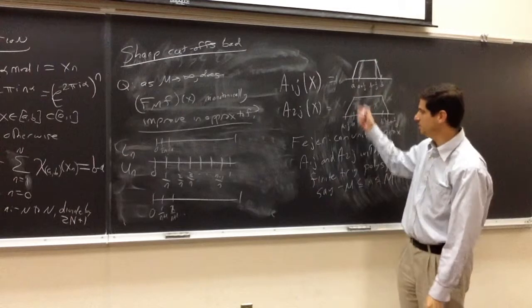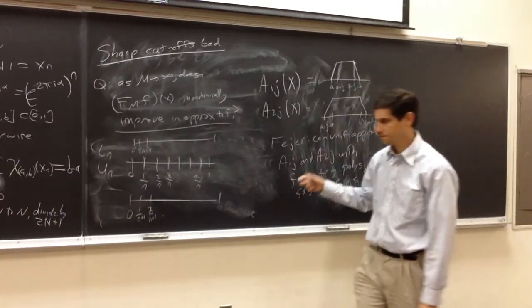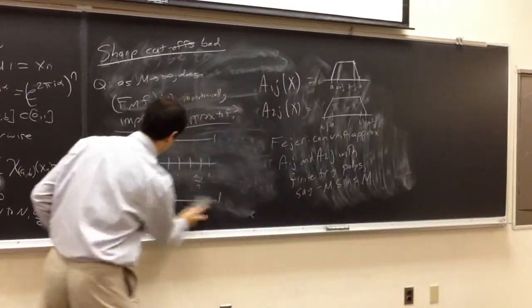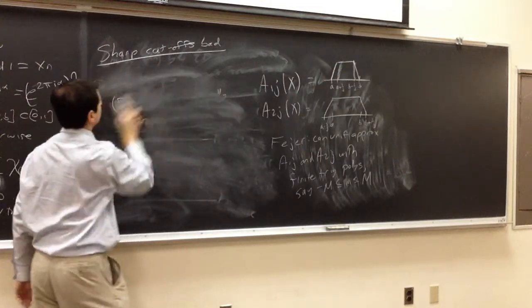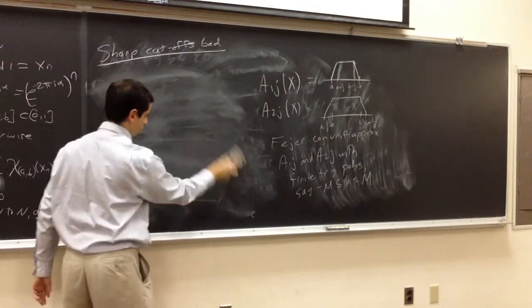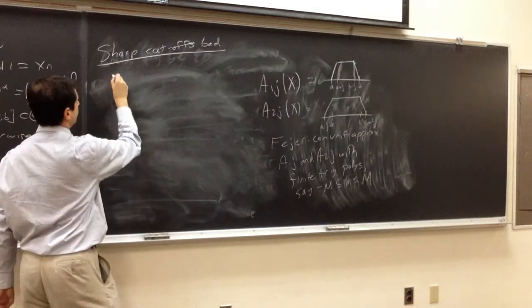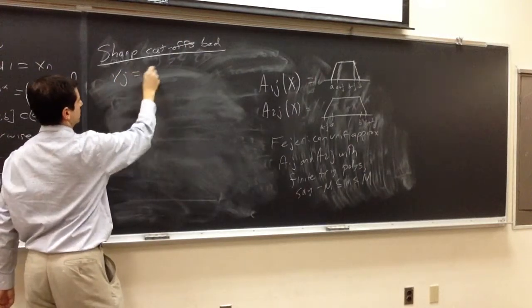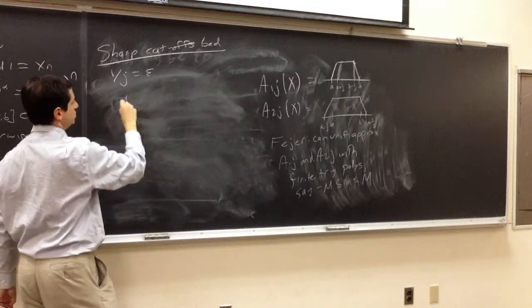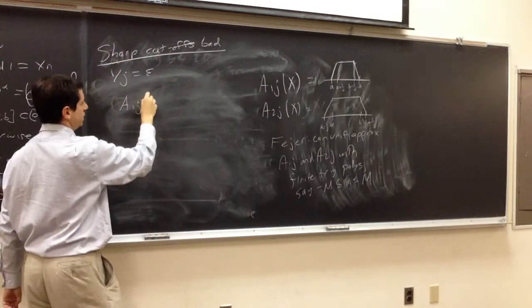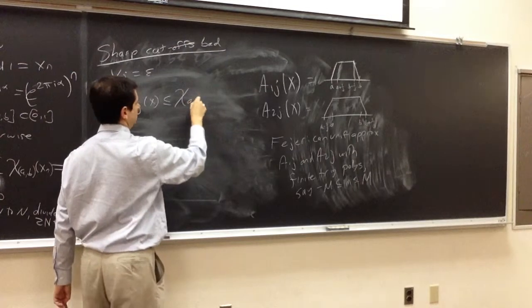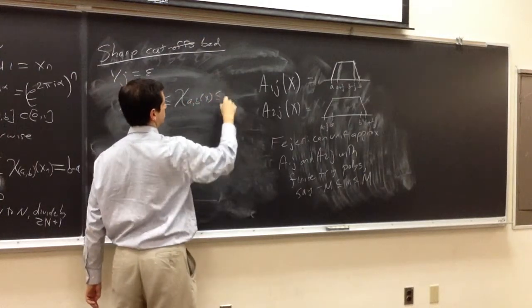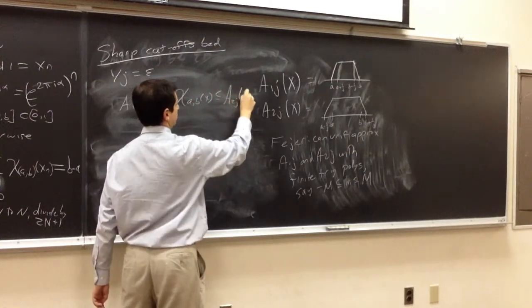We can approximate them with trig polynomials. And what we get is the following. So we have 1 over j is our epsilon. We can choose a1j of x less than or equal to chi_ab of x less than or equal to a2j of x.